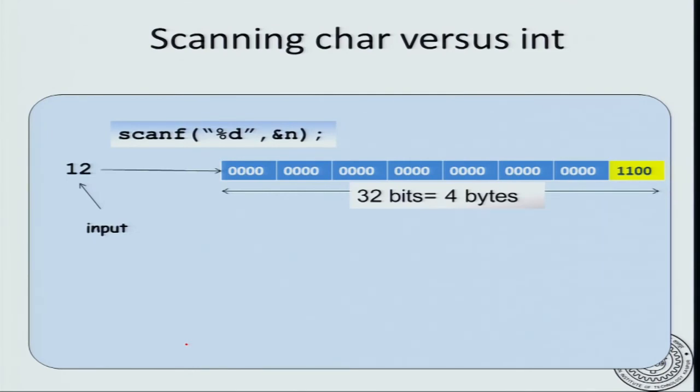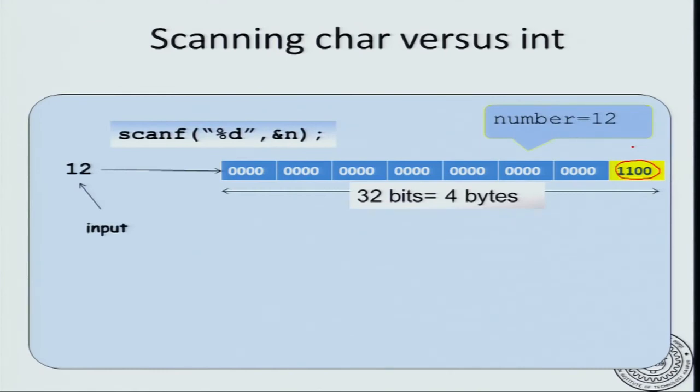So, it has 32 bits in it, and if you know the binary notation, you will see that 1100 in binary is the number 12. So, this is 8 plus 4, which is 12. Okay.